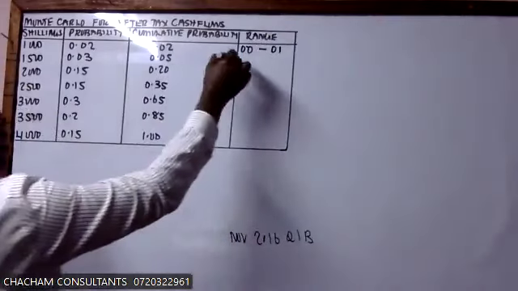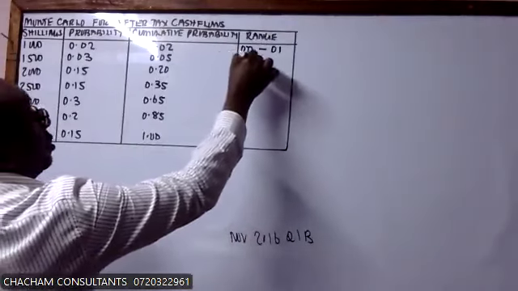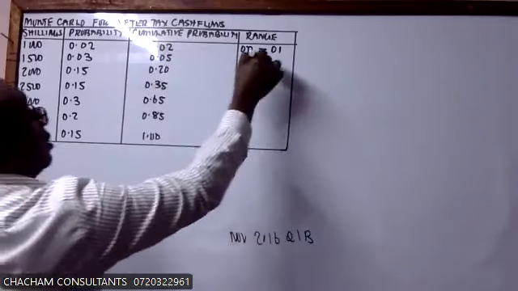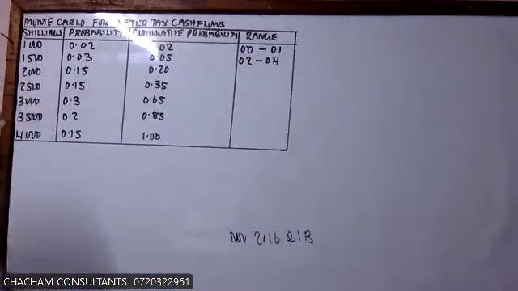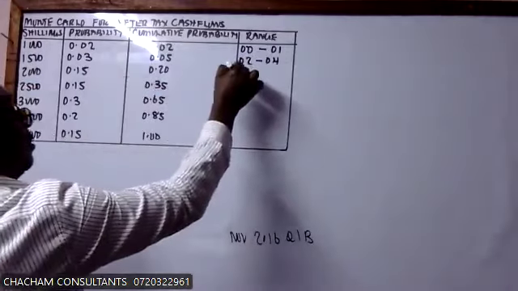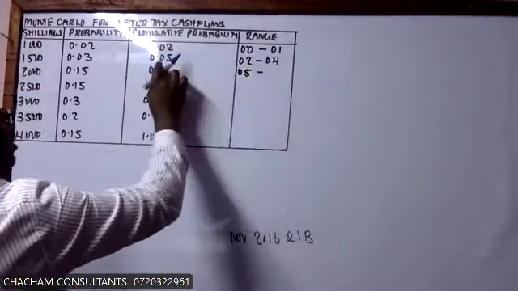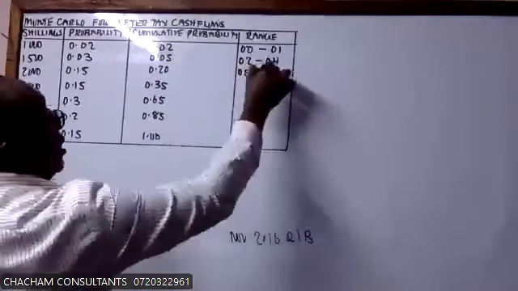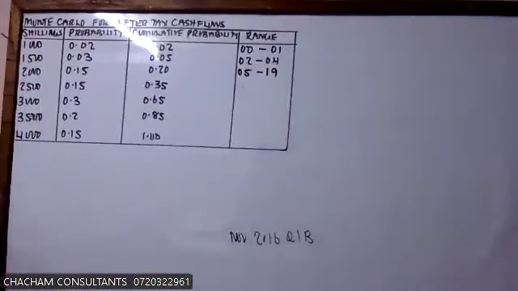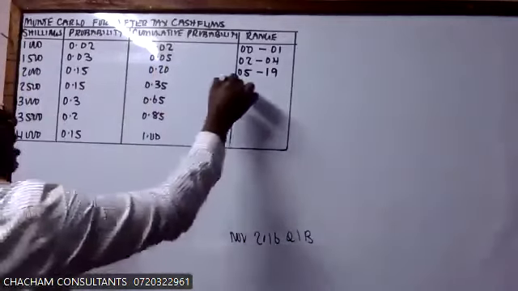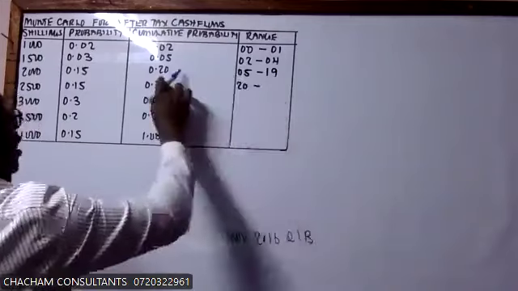Then you start at 0, 2 to stop at 0, 4. So from 0, 4, you start at 0, 5 to stop at 1, 9. Then from 1, 9, you start at 20 to stop at 34.